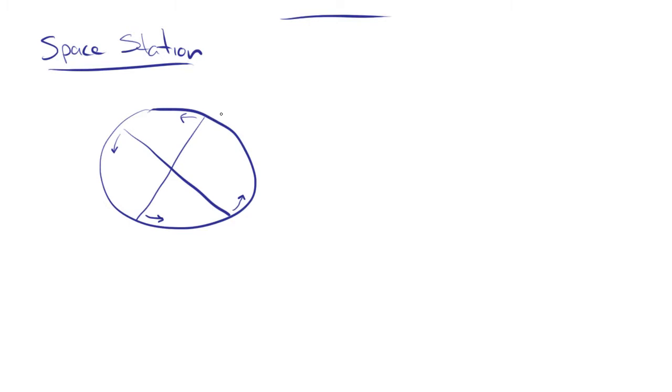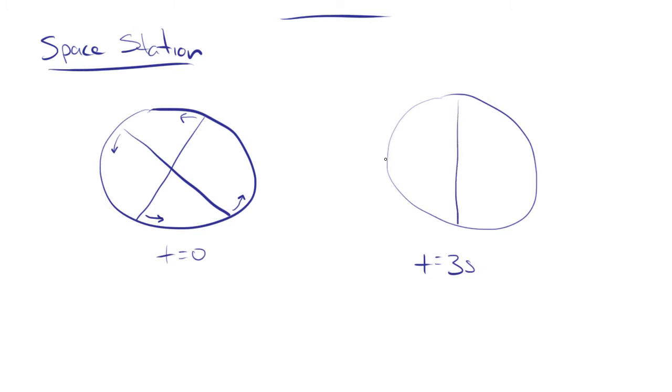If the space station is in this position at time equals 0 and it's rotating as I've indicated here, maybe a little bit later, at time equals 3 seconds, it might be in this orientation.